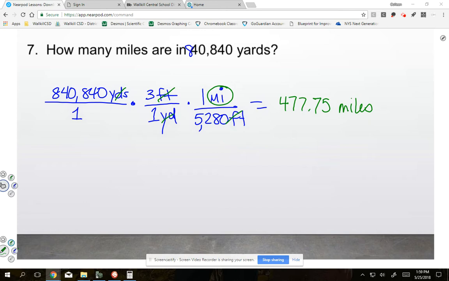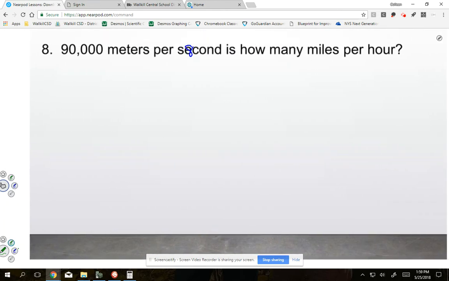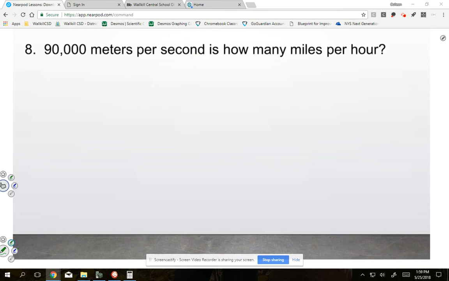Okay? Read number 8 to yourself. What's different than all the others? How's it different? Alex? More. How many units do I actually have to change? 2 units.